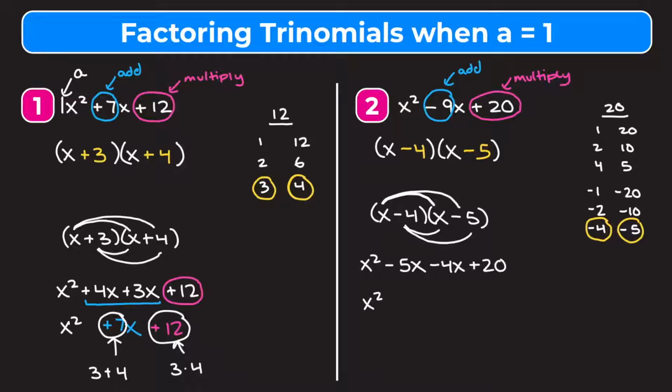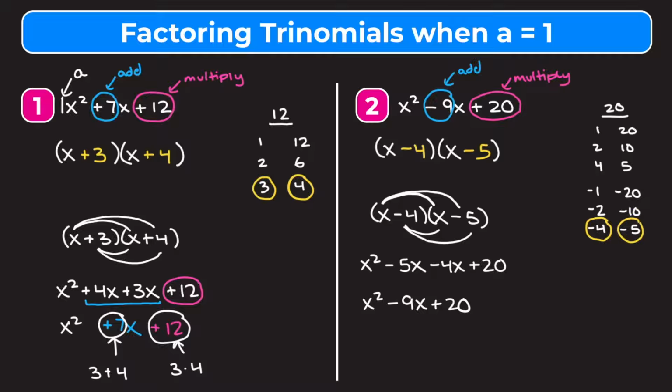When we combine negative 5x and negative 4x, we get negative 9x. So we get our original expression of x squared minus 9x plus 20, so we know that we correctly factored it into x minus 4 times x minus 5.